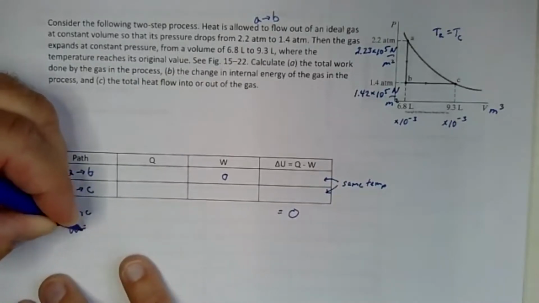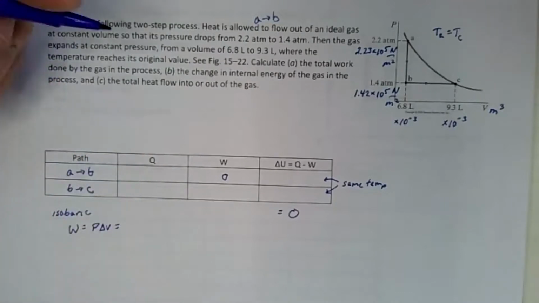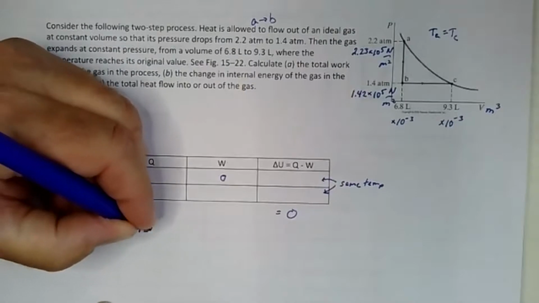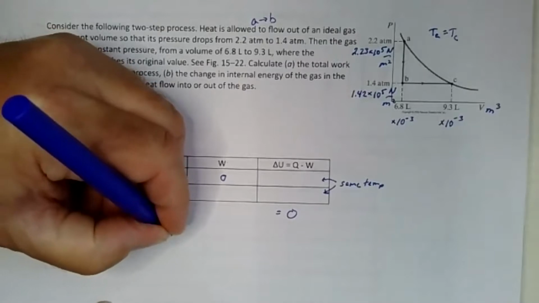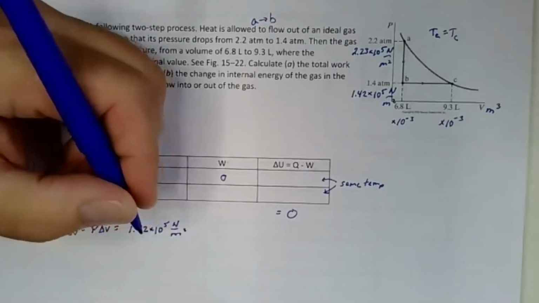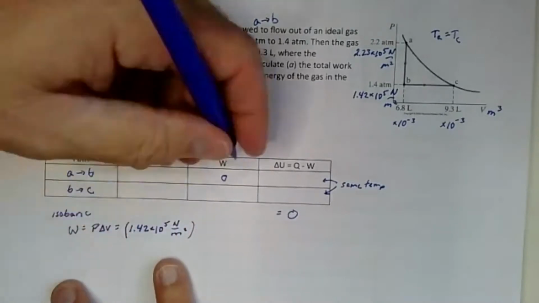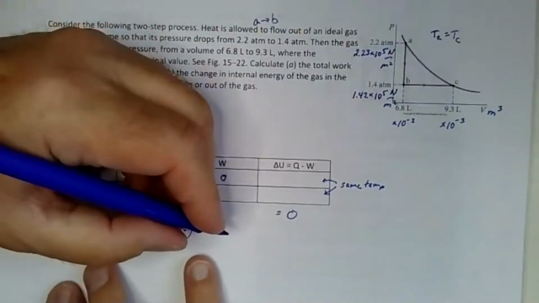So the work done equals pressure times delta V. Now, of course, you can see that we've already done this, 1.42 times 10 to the fifth. We already have it in useful units. And the change in volume is going to be 9.3 minus 6.8 times 10 to the minus 3.